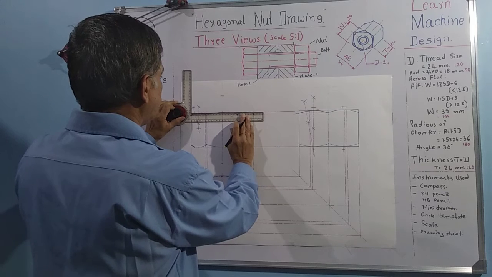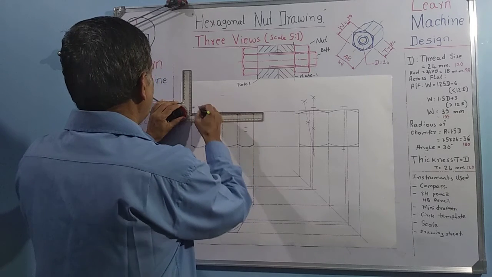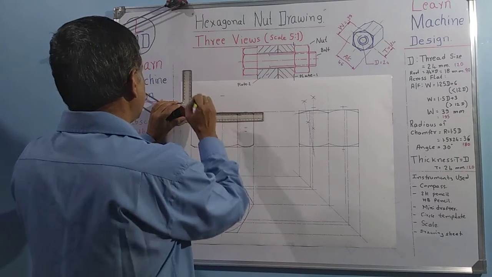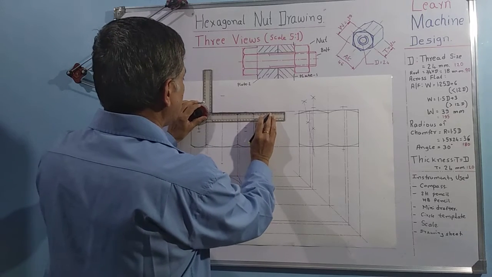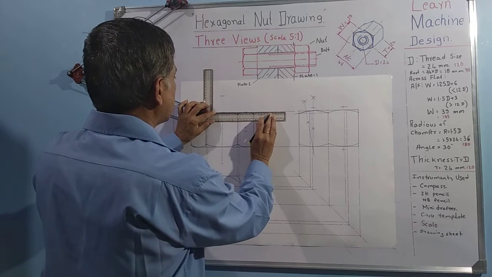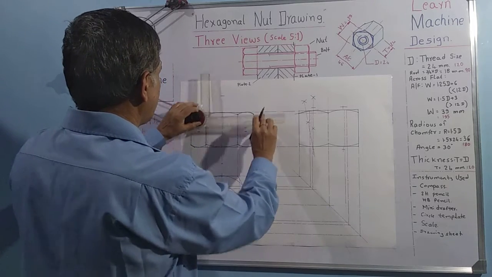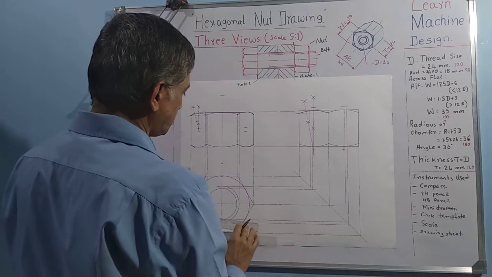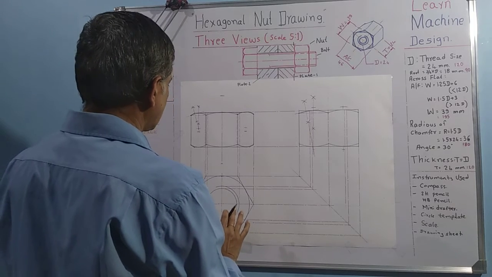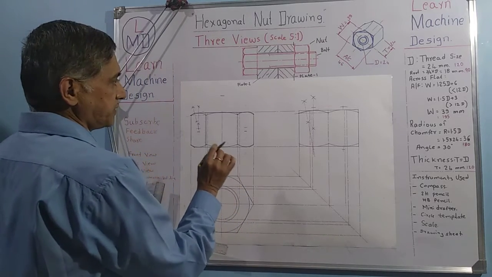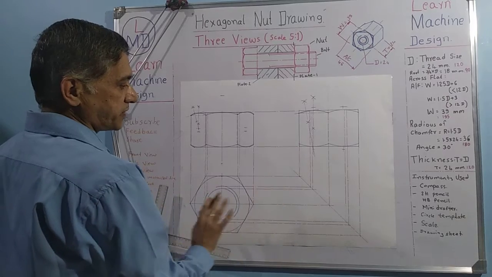Take and some finishing work is to be done. And I have to extend this line up to here and line up to here. Okay. Then the required construction is over.